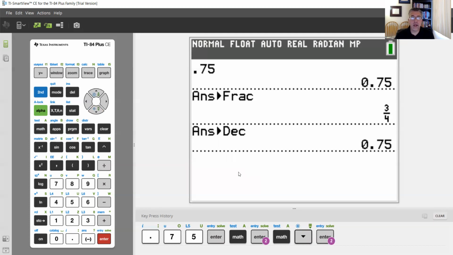Okay, the next thing that I'd like to cover is how to graph on the calculator. I'm going to go to the very top left-hand corner of the calculator faceplate, and there's a y equals button, and I'm just going to press that y equals button.